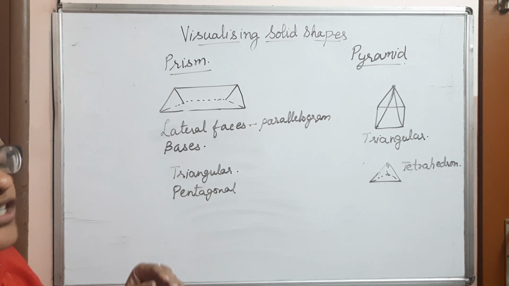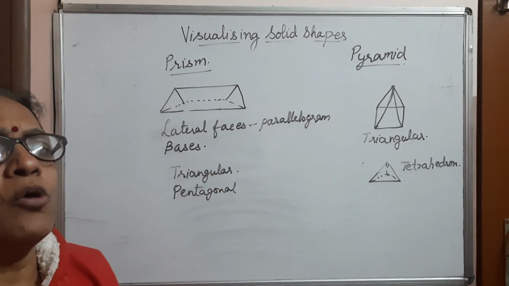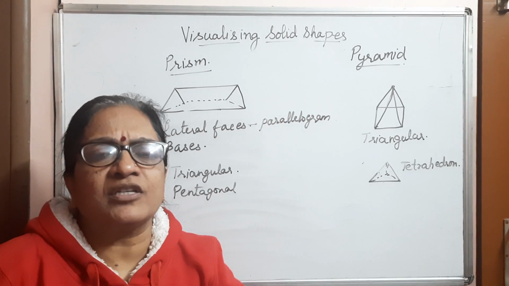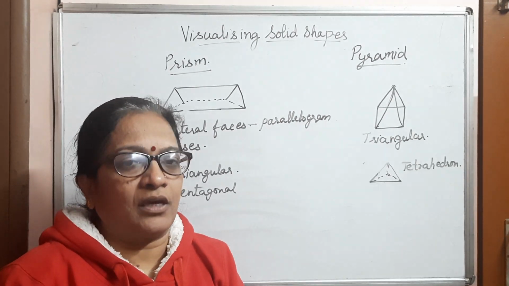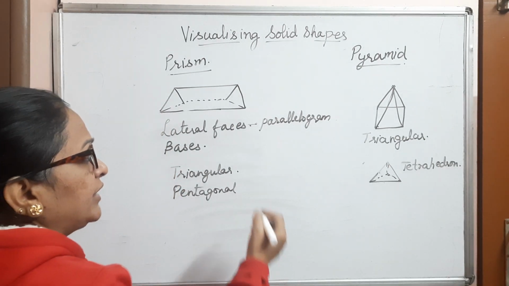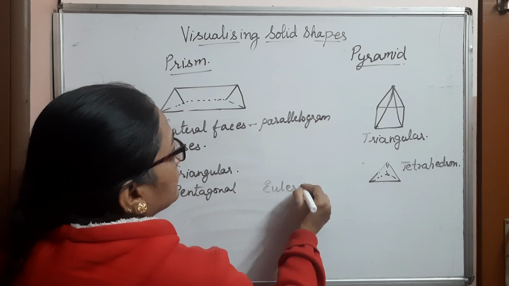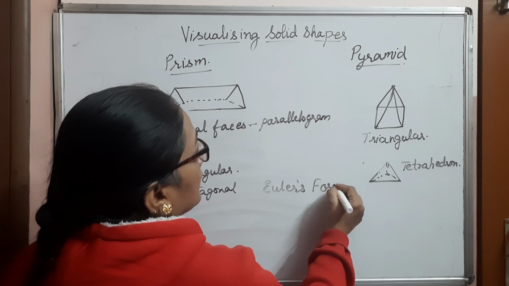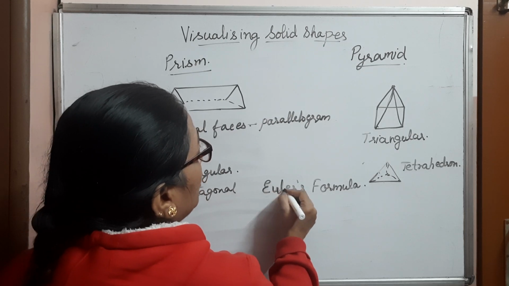Now, suppose you want to know how many faces or how many vertices are there in a polyhedron and you do not know how many vertices there are; to find that out, we have Euler's formula. Now what is Euler's formula?